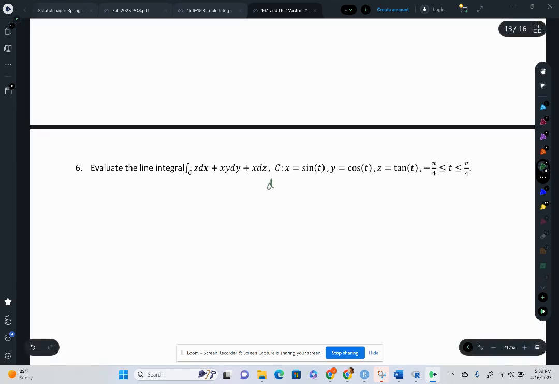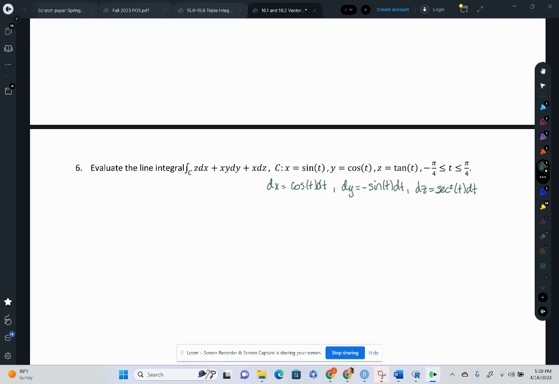If x is sine of t, dx is cosine of t dt. If y is cosine of t, then dy is minus sine of t dt. And if z is tangent of t, then dz is secant squared of t dt.